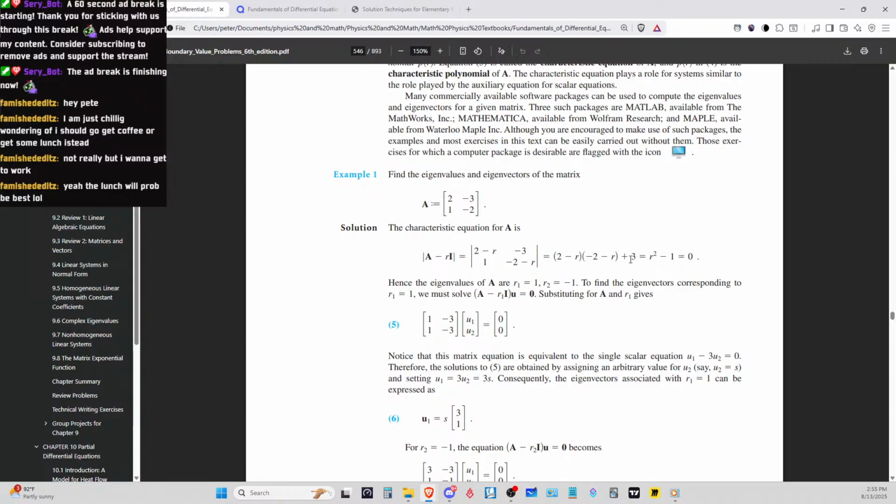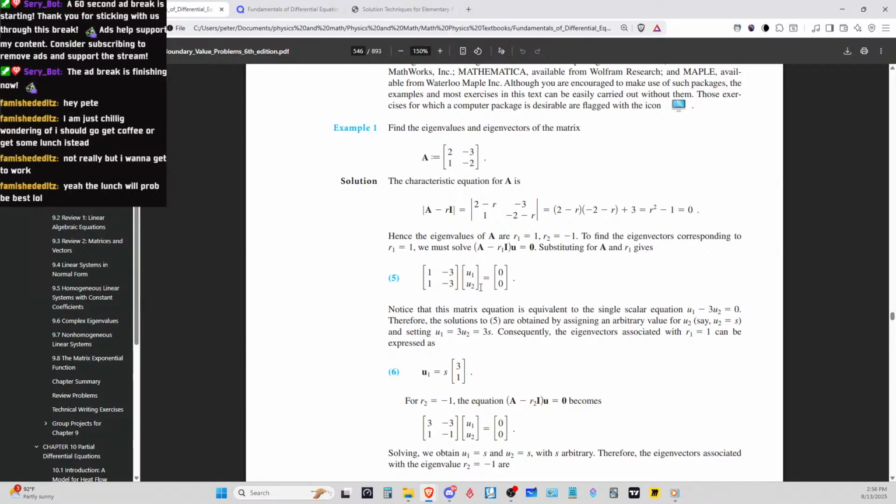And then when we get the eigenvectors, hence the eigenvalues are 1 and okay.